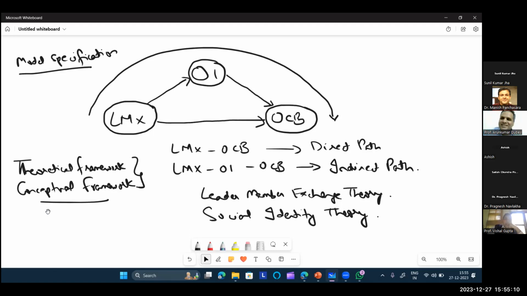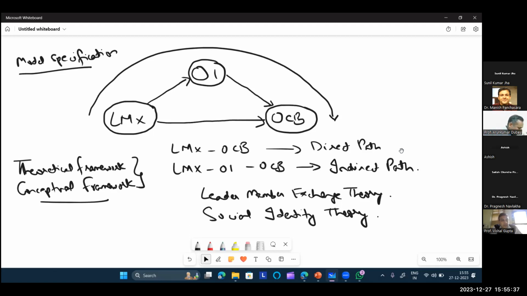I think what you are saying is right. And we can also consider a theoretical framework as a framework comprising constructs which have well-grounded backing and logic.